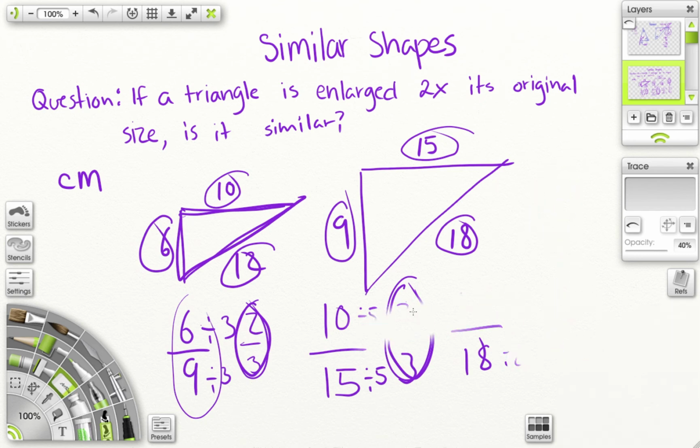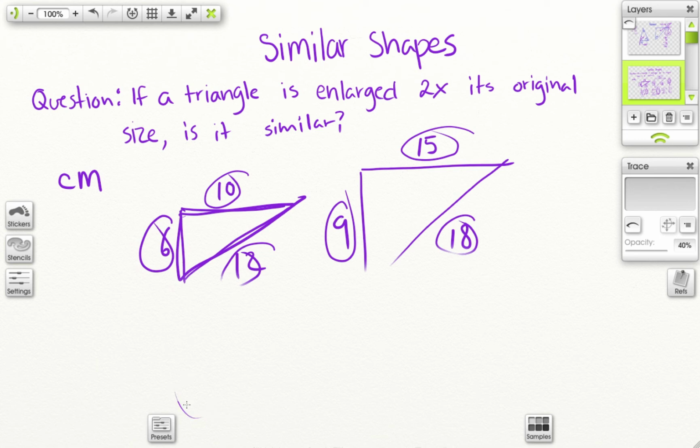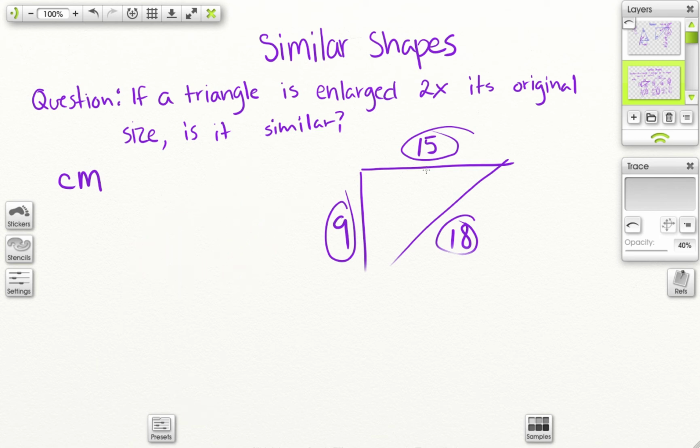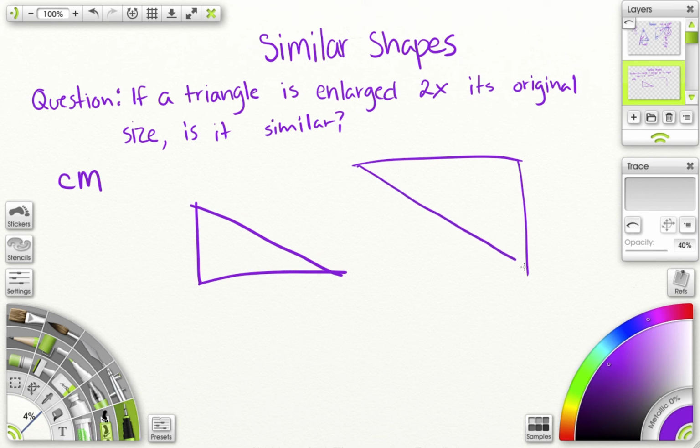Keep in mind, when you're looking at similar triangles, I've put them on the screen so that they're not turned or anything, they were literally just made bigger. However, sometimes you have triangles where one looks like this, and then one looks like this. Sometimes the triangles are turned around.